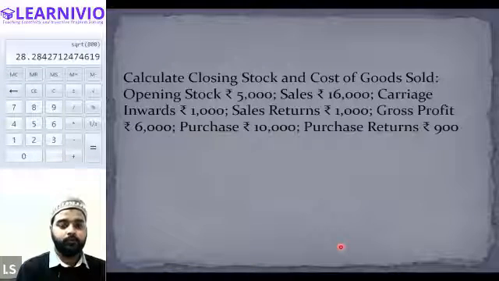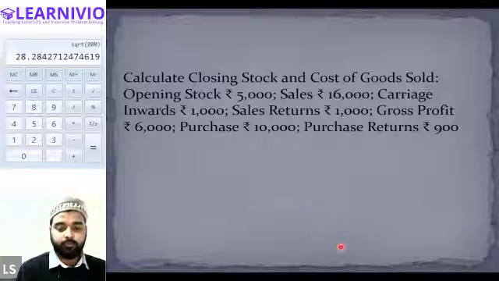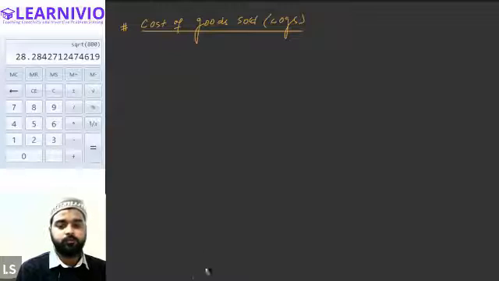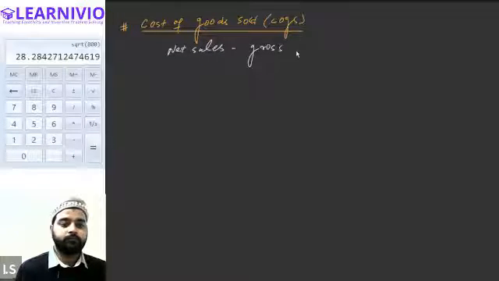Okay. So guys, those of you who are not able to calculate this, let me show you. In order to calculate cost of goods sold, we can directly reduce the value of the gross profit from the net sales. So net sales minus gross profit will give us the value of the COGS.